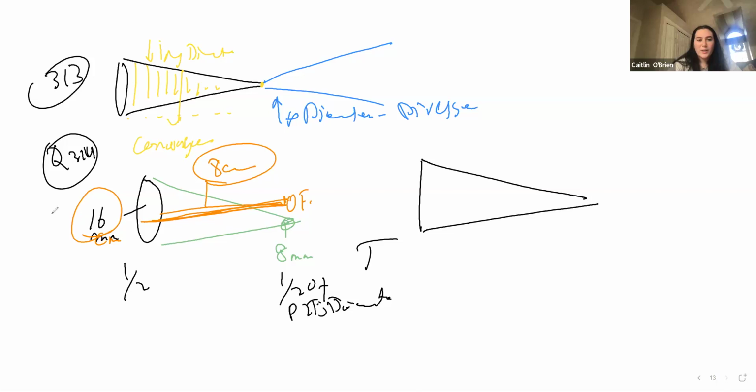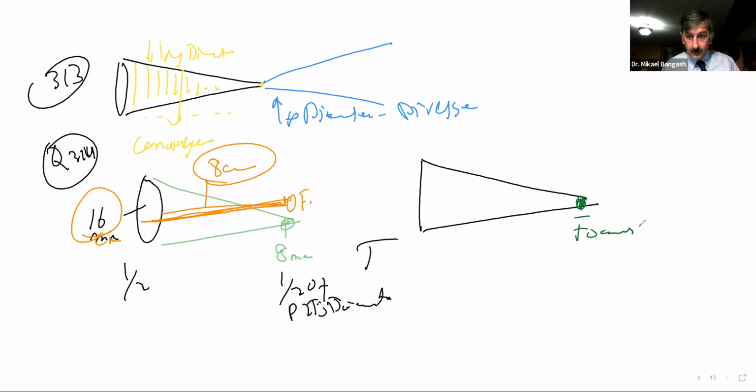What do you call the narrowest point of the beam? The focal point.